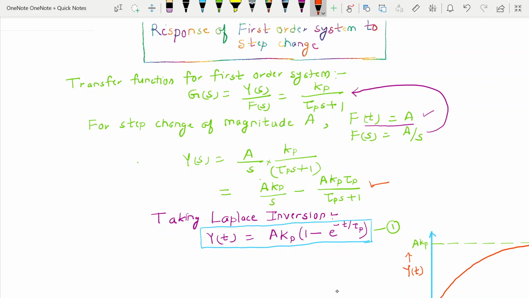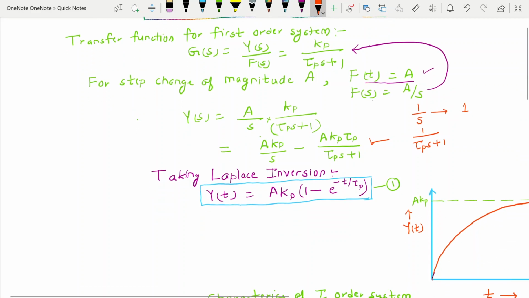Okay, so this Y(s) gets converted to y(t) and A Kp by s. So 1 by s gets converted to 1 when we take the Laplace inversion, and 1 upon τp s plus 1, that gets converted to e to the power minus t by τp.